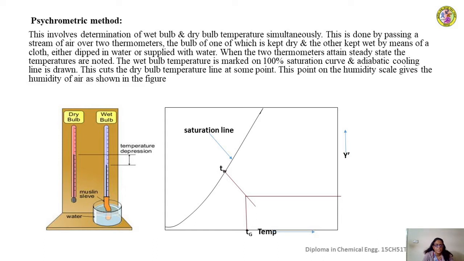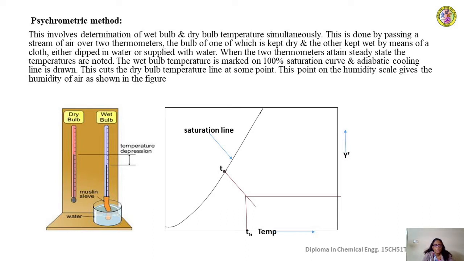The wet bulb temperature measuring thermometer should have a cloth wrapped around its bulb, and the cloth should always be in a wet condition. For this purpose, you can dip the lower end of that cloth into a small vessel which contains water.